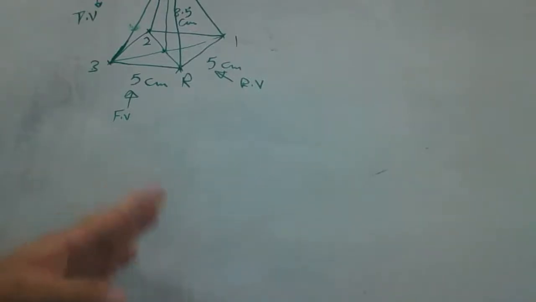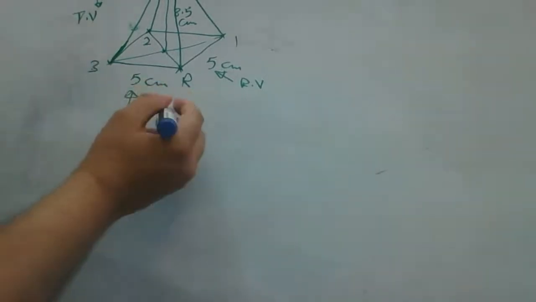If I draw an oblique, you have to draw the oblique and also the isometric shape of the given shape. Okay, let us now draw the isometric shape of the pyramid.